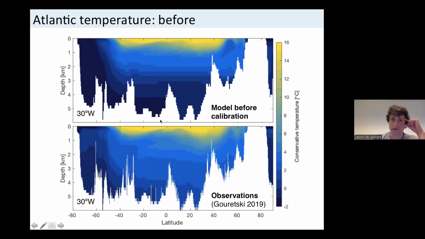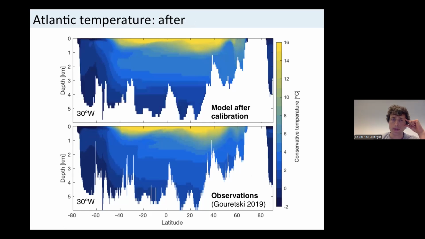We tried to fix the Southern Ocean, because to start with, this is a transect of the Atlantic before calibration, showing temperature at 30 west. We had this very cold Southern Ocean, very cold abyss compared to the observations. Here you have an observational climatology at the bottom.